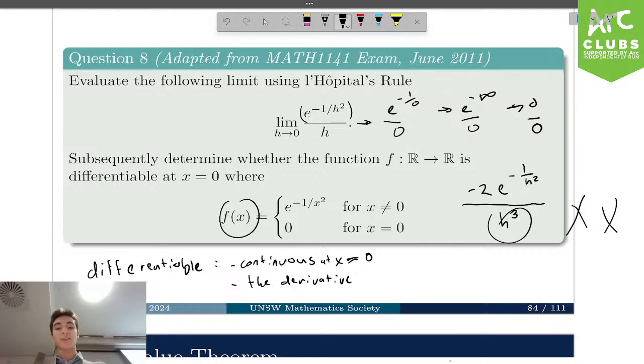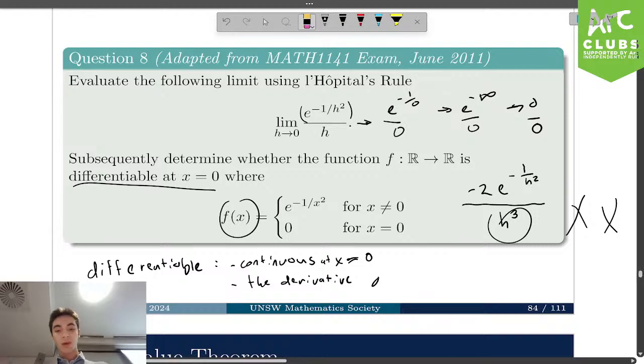It has a derivative at x equals 0. That's what it means to be differentiable at x equals 0.